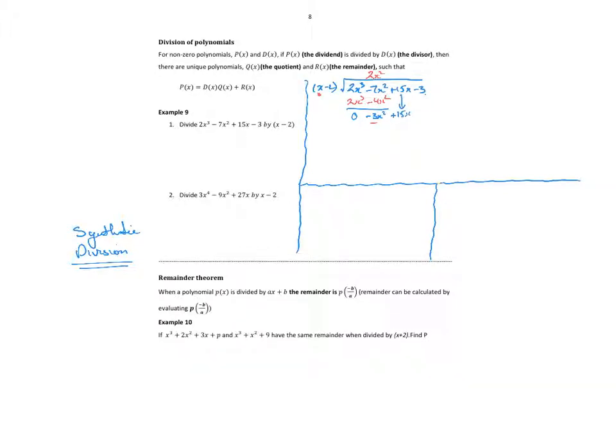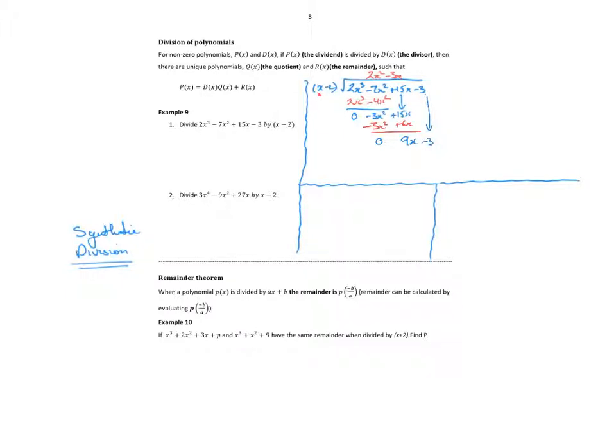That's minus 3x. So negative 3x times x is negative 3x squared. Negative 3x times negative 2 is positive 6x. Again, we subtract off. If I've done it correctly, I get 0. 15x minus 6x is 9x. Bring the negative 3 down.